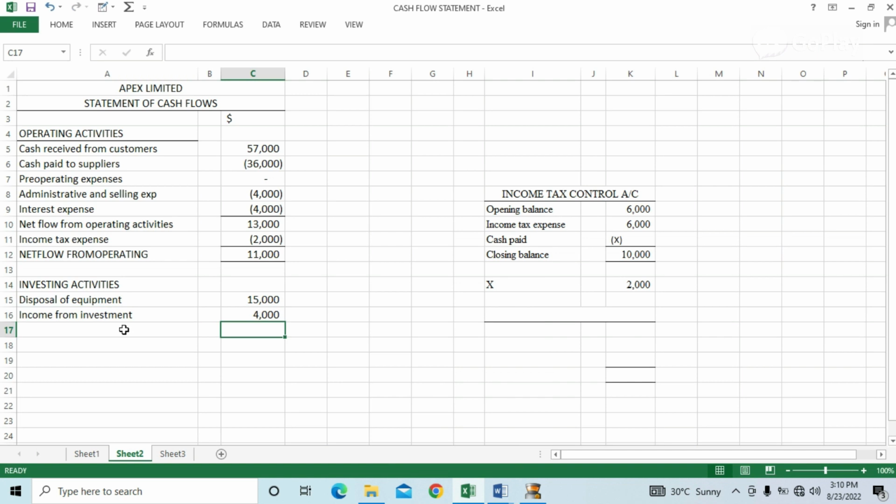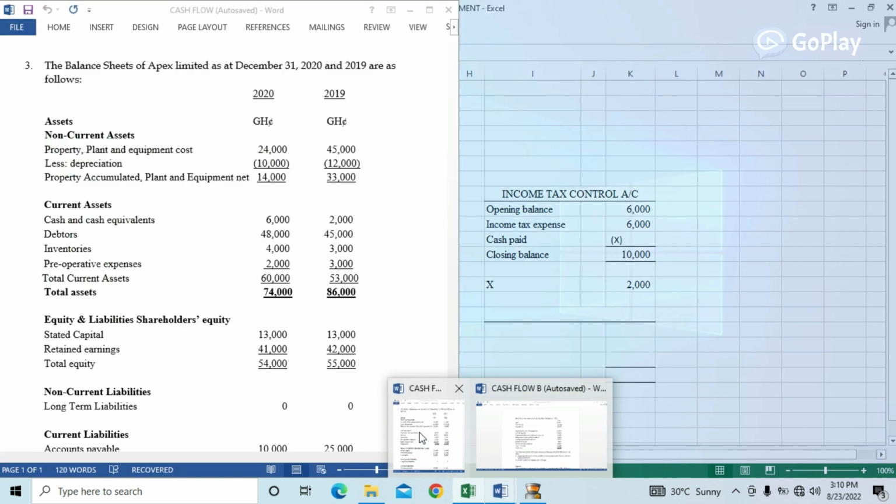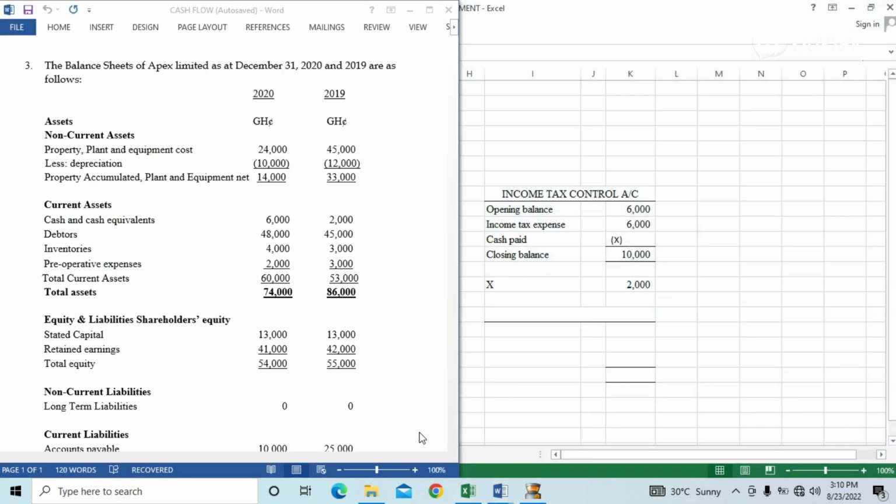Yes, any other item. Have they purchased any fixed asset or any equipment? Let's check the balance sheet. Not really, because the one sold has an original cost of 21,000. So 21 minus 45,000 gives us 24,000.